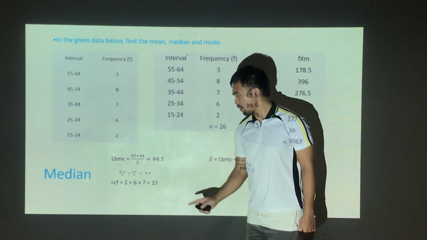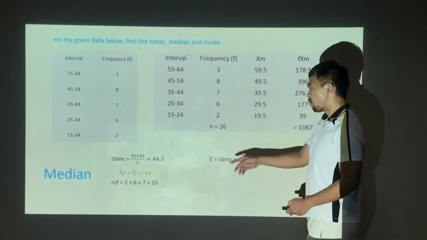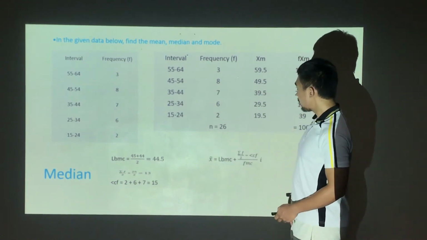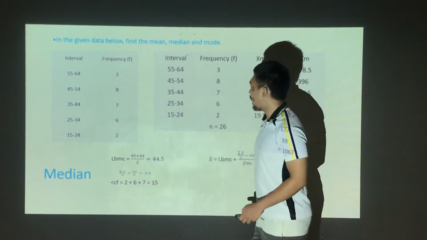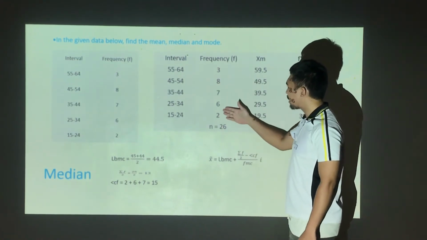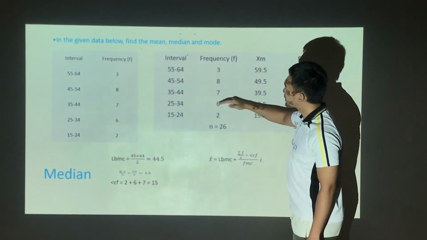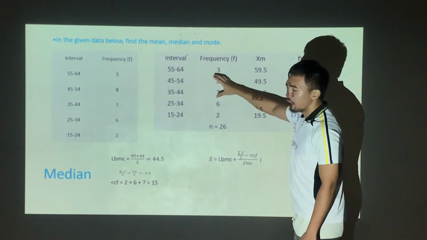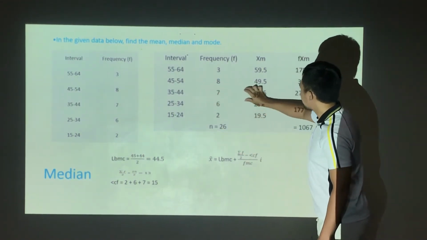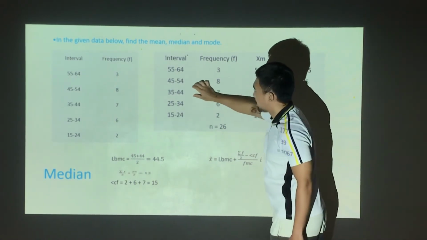So where did we get the 2 plus 6 plus 7? As we can see in our given data, we have 5 sets of intervals, so the middle part ends up right here, which is 7.